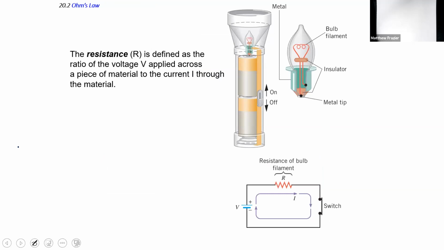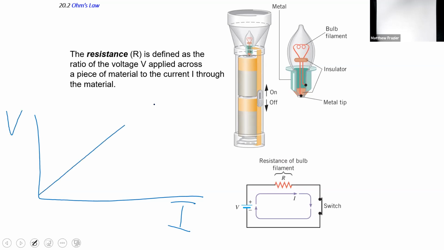So we talked about resistance in the lab. Resistance is defined as the ratio of voltage to current. The idea is that you plot. So you control the amount of current that flows through an object, and then you measure the potential difference across it.